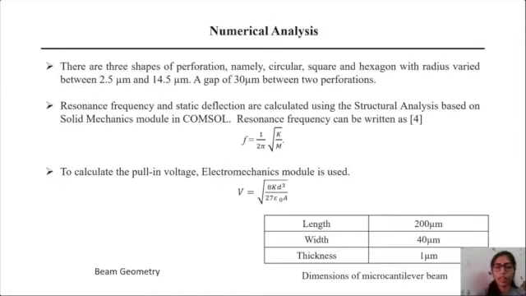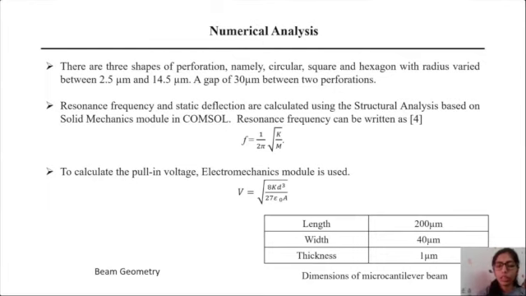In the numerical analysis, three types of perforations, circular, square, and hexagon, are assumed, with radius varying from 2.5 to 14.5 micron, and a gap of 30 micron between two perforations is maintained.